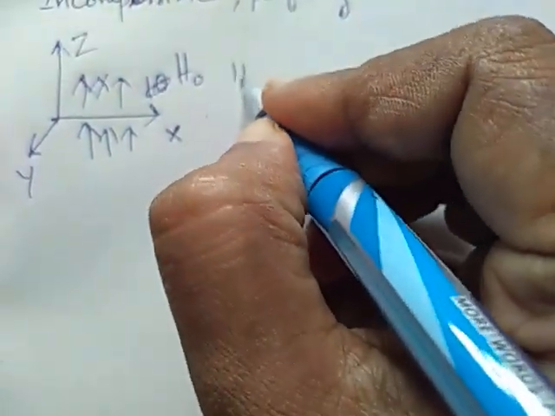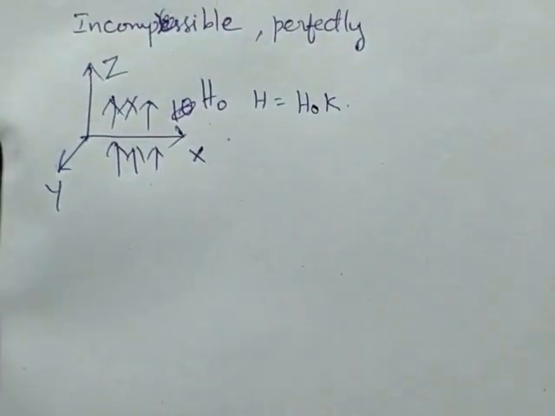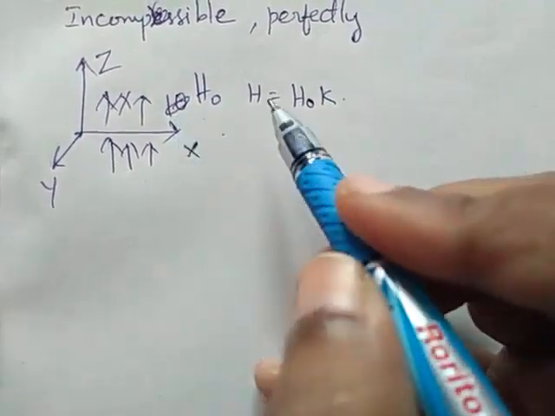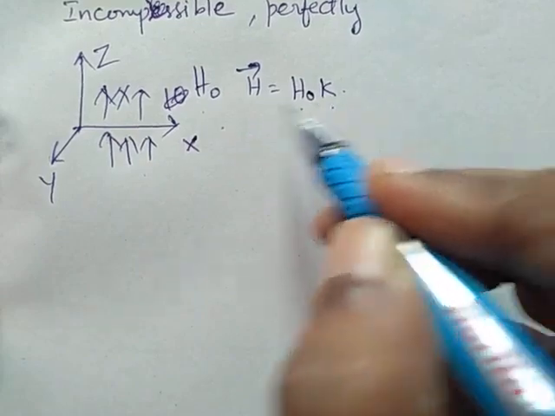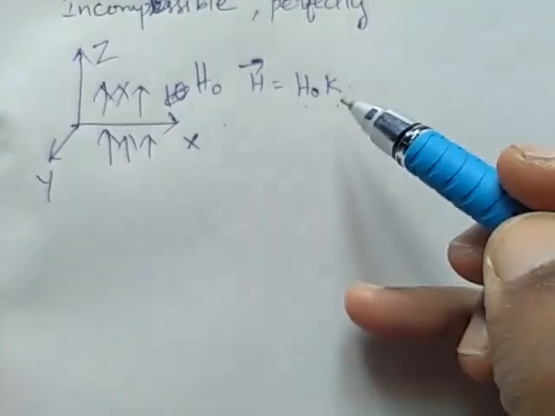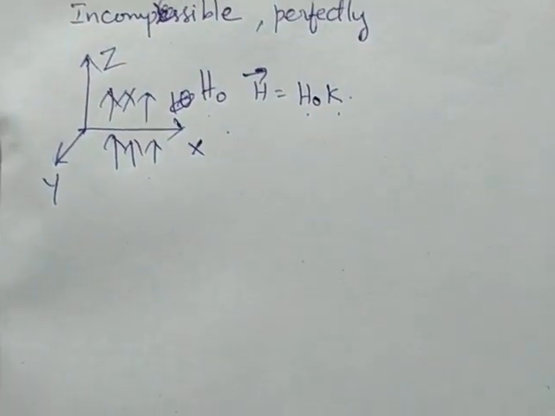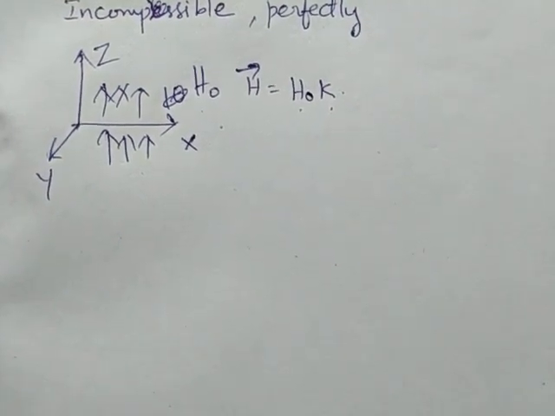Therefore our magnetic field H is H naught k. Along the z axis we are applying a magnetic field of strength H naught. Along x axis it is 0, along y axis it is 0, along z axis we have H naught. So H is equal to H naught k.